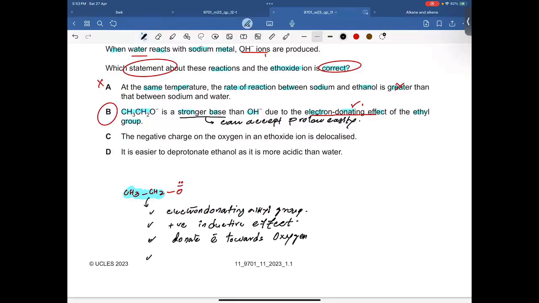As a result, the electron density on the oxygen atom increases.